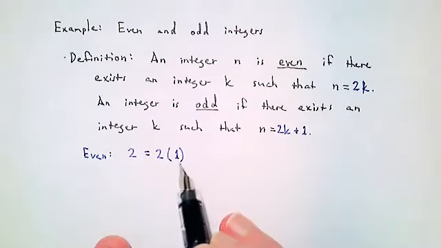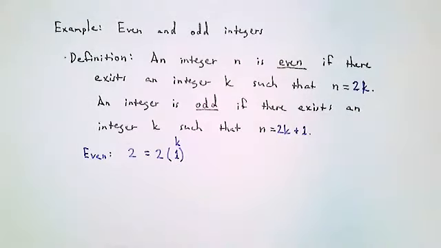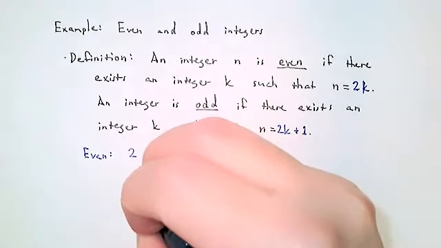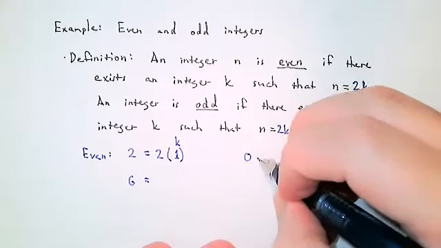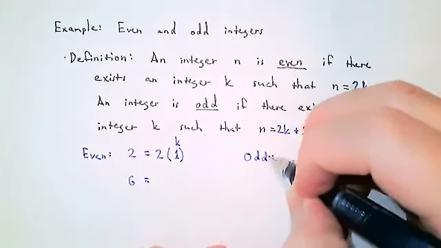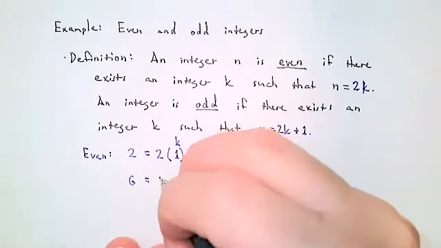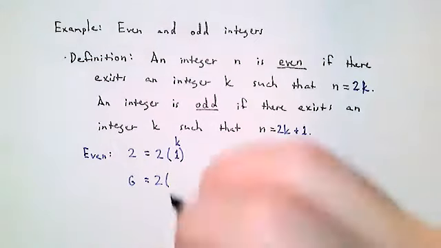So 1 plays the role of the integer k in the definition. What about the number 6? Is this even? Yes. Right, of course. And 6 is equal to 2 times what integer? 3. 3, good.